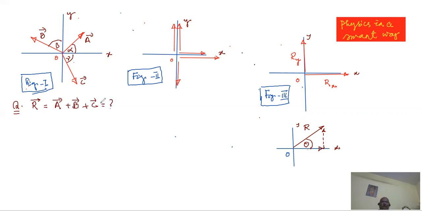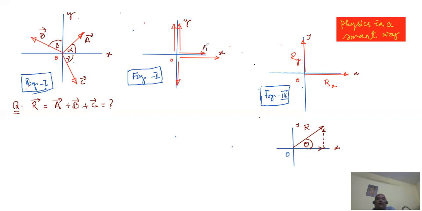So now what to do? We start our discussion. Three vectors are shown in diagram number 1, or figure number 1. In figure number 2, I have broken down A, B, and C into their components.